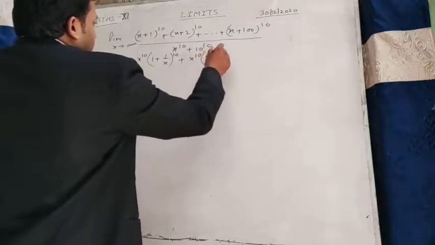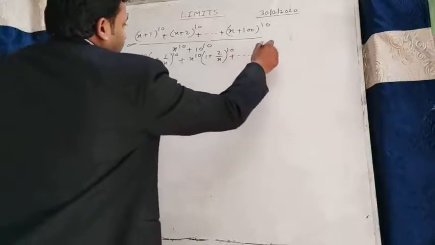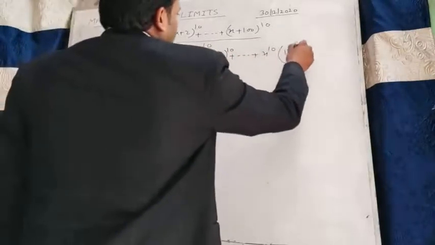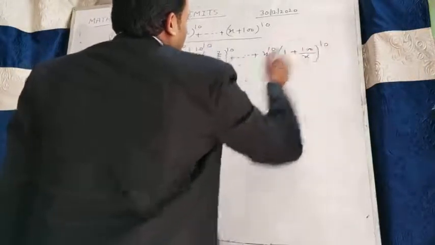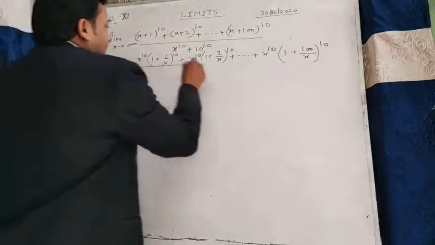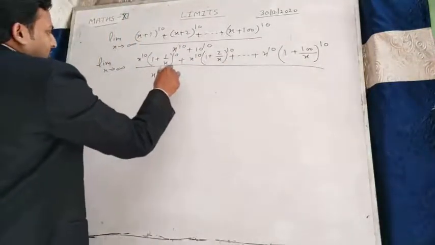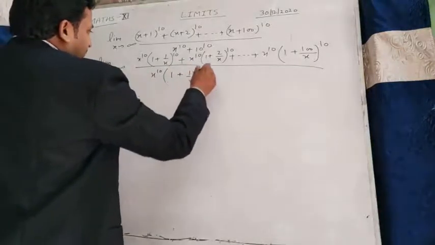So 1 plus 2 by x, the whole to the power 10, plus dot dot dot, x to the power 10 once again, so 1 plus 100 by x, the whole to the power 10, and in denominator we are taking x to the power 10 outside. So 1 plus 10 to the power 10 by x to the power 10.